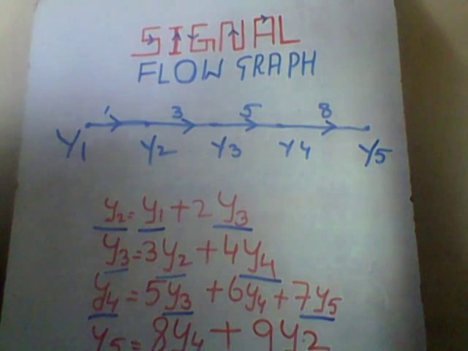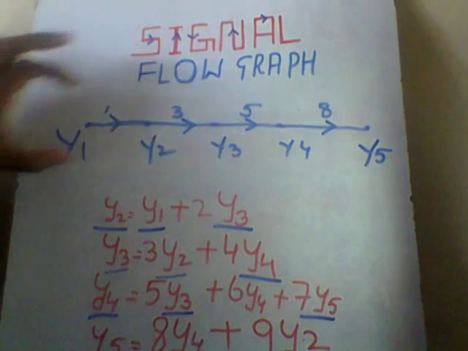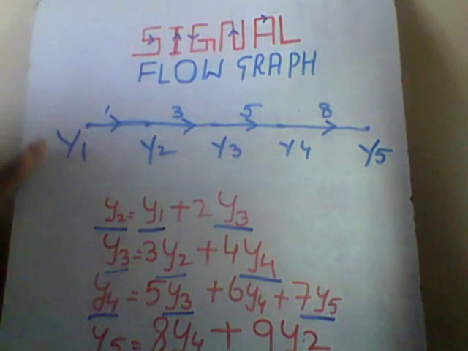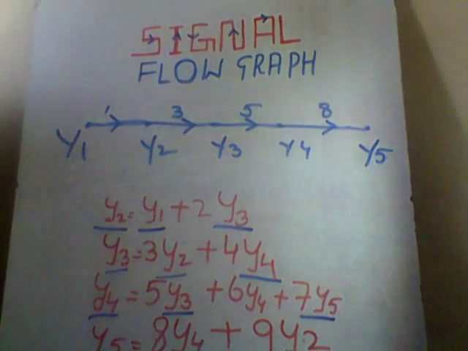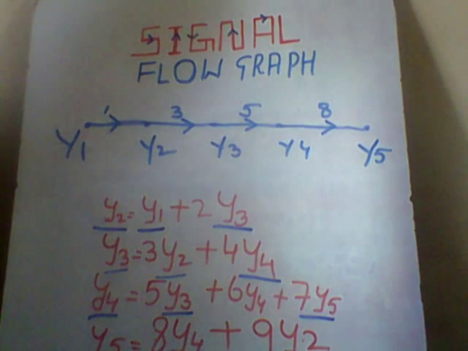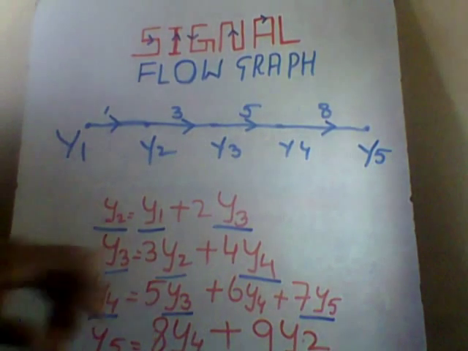Now the forward paths are completed. See, are any other things missed? No. y5 to y1, nothing is there. Okay, leave it. Now it is our duty to construct a forward path. What is a forward path? It is a path from input to output. So we did that.